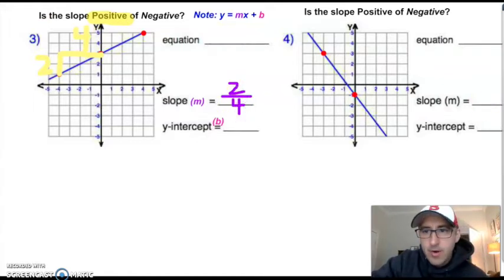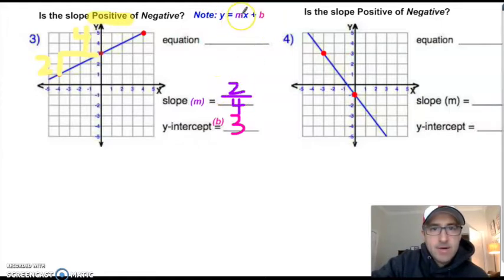Now our b is where we cross the y line. This is y, this is the y line. If we erase just that little dot there, we see that we cross the y line at 1, 2, 3. So the y-intercept is 3, put a 3 here, and then we're going to write our equation out in y equals mx plus b form.